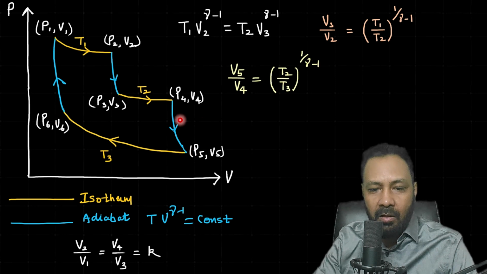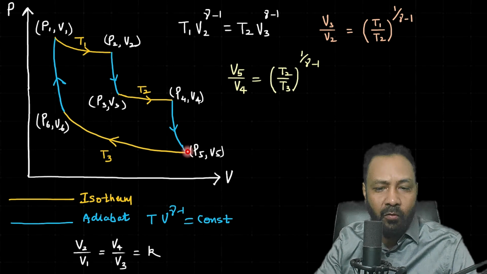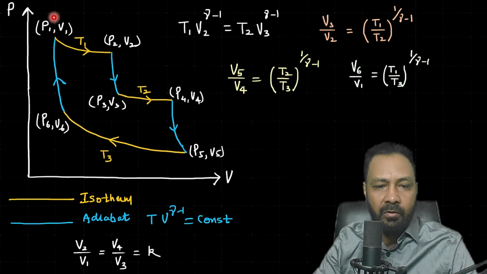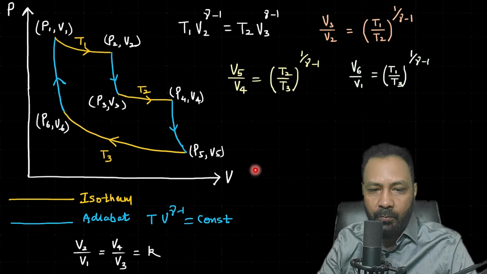Same thing, rather than the final volume and initial volume, you can say the greater volume upon lesser volume is equal to greater temperature upon lesser temperature power 1 upon gamma minus 1. Similarly here, greater volume by lesser volume, V6 by V1, is equal to greater temperature upon lesser temperature power 1 upon gamma minus 1. So this is what we have obtained.